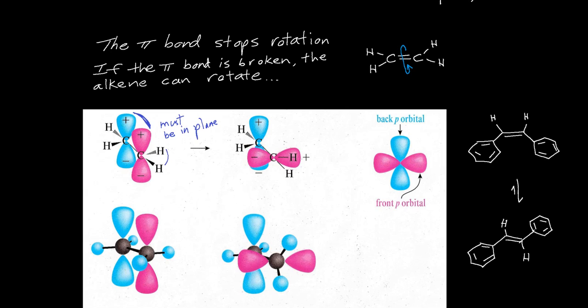So if you're able to break that bond, then you can rotate. Notice if you rotate, there's no more overlap. In other words, you don't have a pi bond. So here they are at 90 degrees.